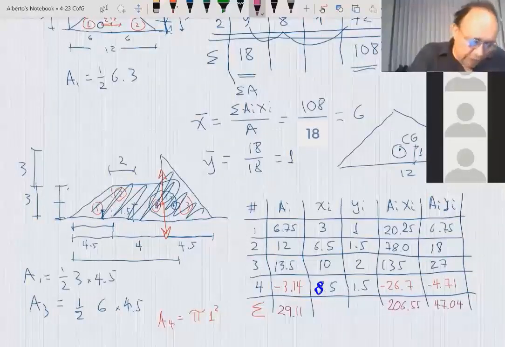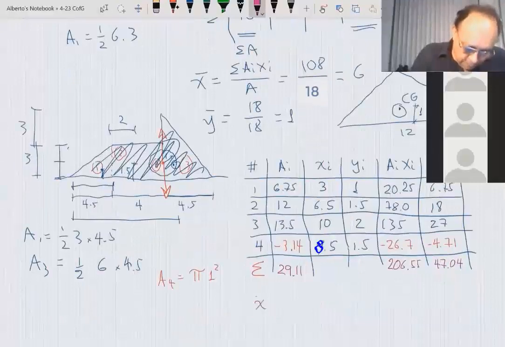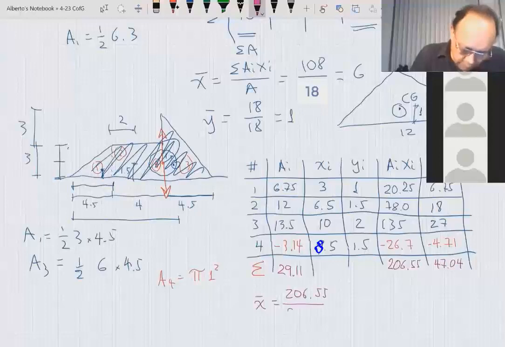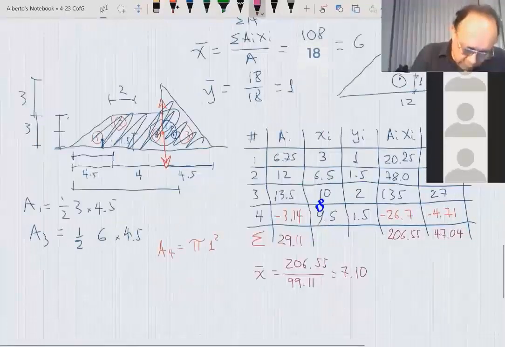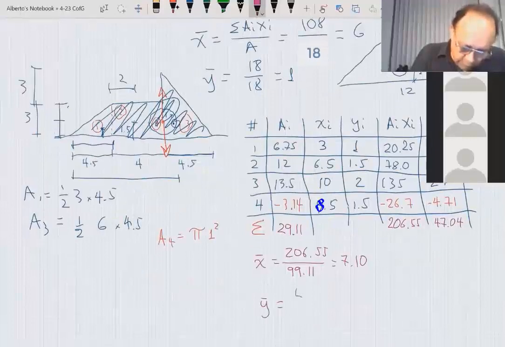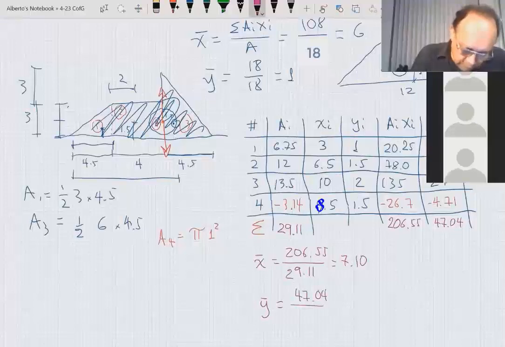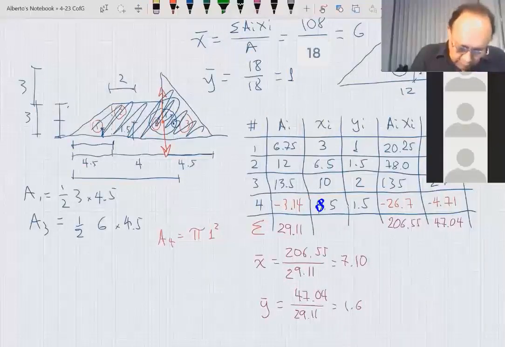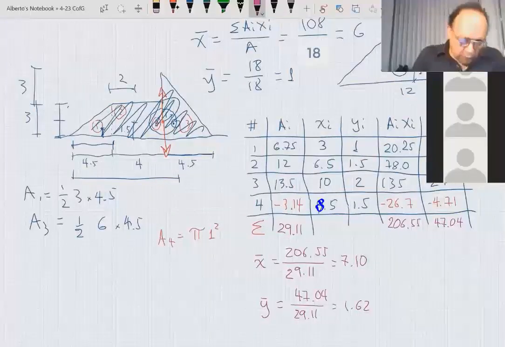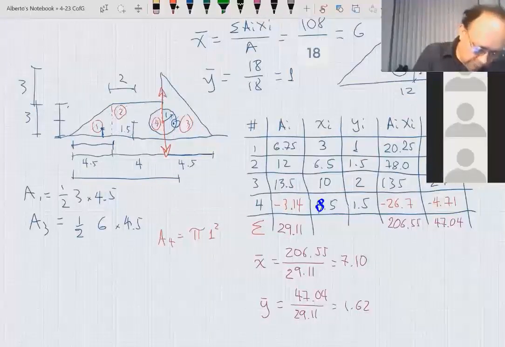So X bar will be 206.55 divided by 29.11 equals 7.10, and Y bar will be 47.04 divided by 29.11 equals 1.61662.